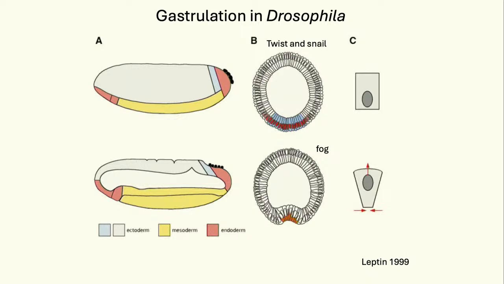What we are seeing here are different colors and different germ layers represented. These colors are represented when the embryo is just a single layer of epithelial cells. If we look at the fate map of the different regions of the embryo, you can notice that the mesoderm cells, which should of course be inside, are present outside, and these are the ones where twist and snail get activated.